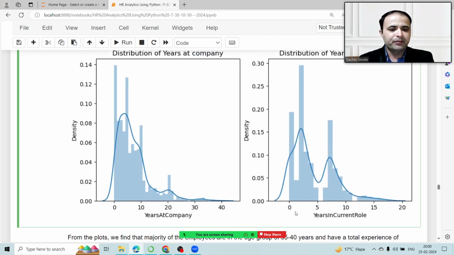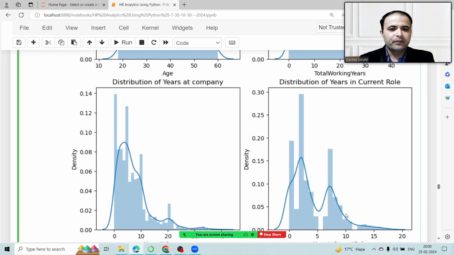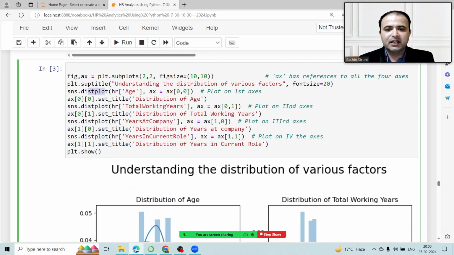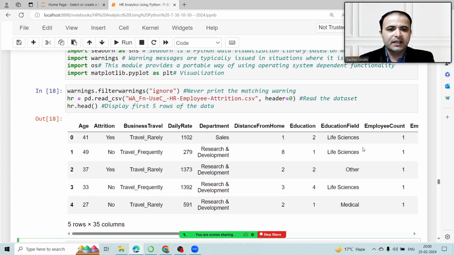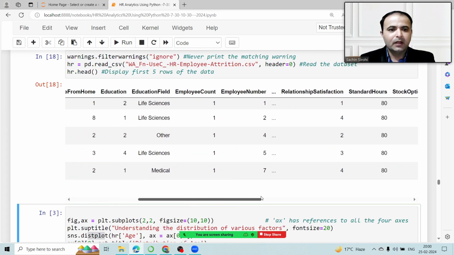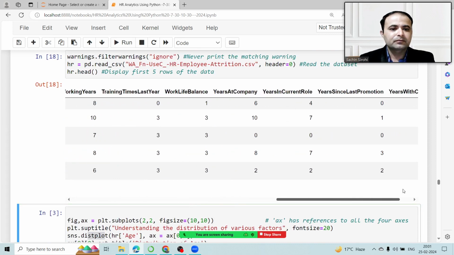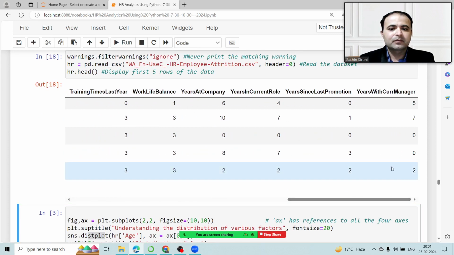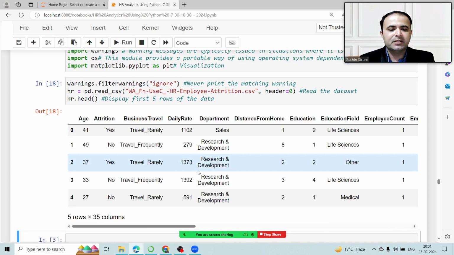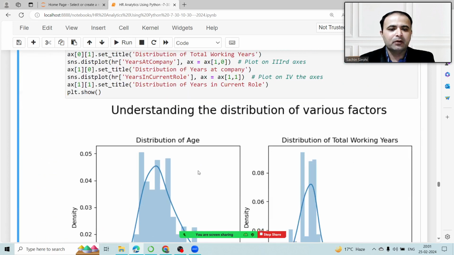You can also visualize years in current role, which I'm fetching from the data. This shows how many years a particular employee has spent in a particular role.